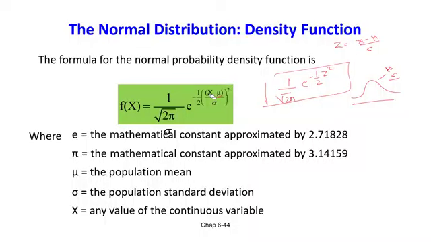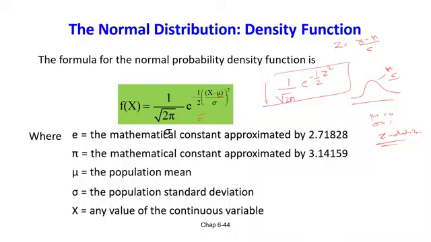So generally we use the Z distribution if we know that this distribution has mu equal to 0 and standard deviation equal to 1, then we go with the Z distribution directly. If we do not know, then we go with this particular formula and substitute the mu and the standard deviation of that particular data to calculate the probability density function of that value.